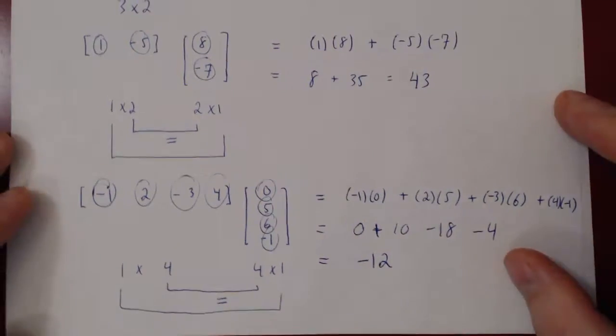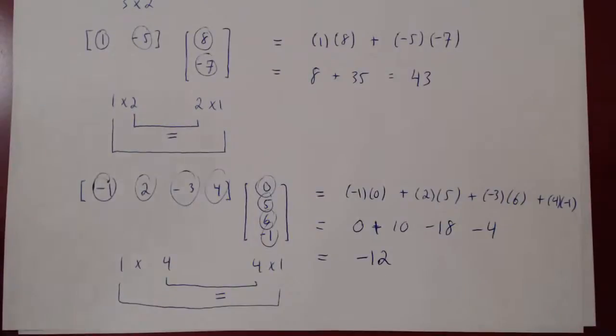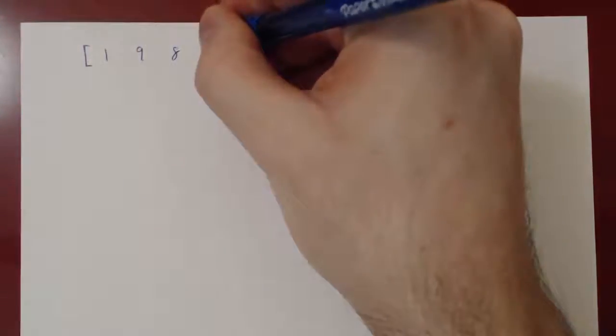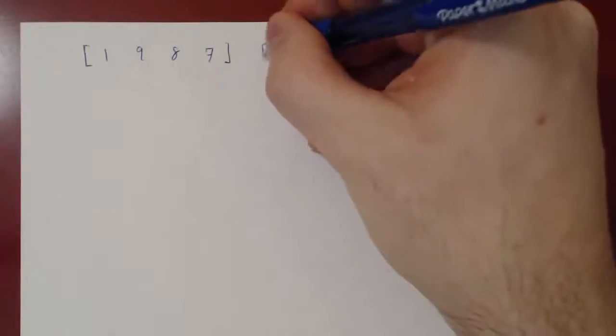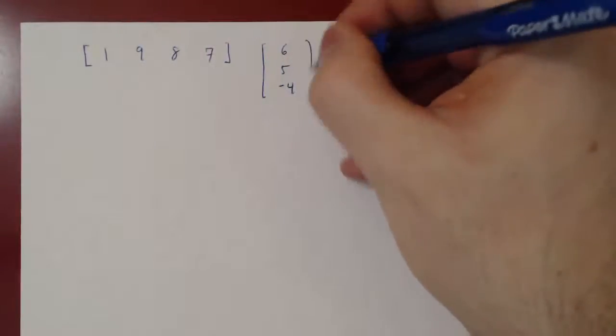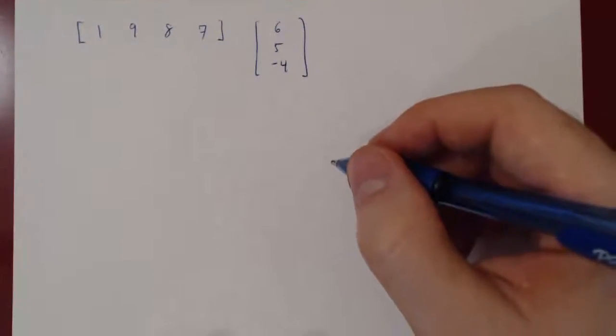What if we tried, and you'll see quite easily, to multiply a row times a column matrix of different lengths? Well, the result will simply be undefined. So if we tried, say, 1, 9, 8, 7 times 6, 5, negative 4, could we perform this multiplication?